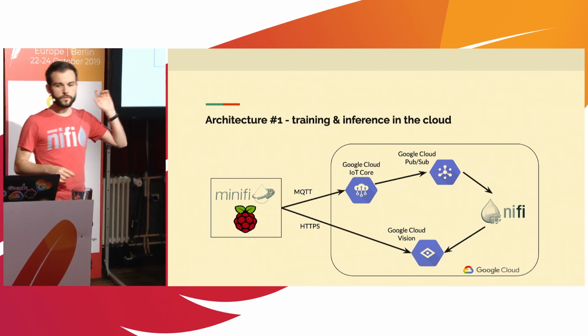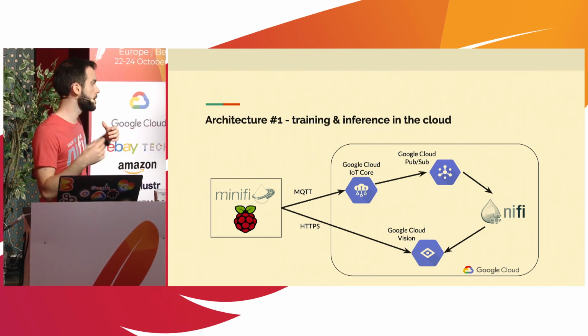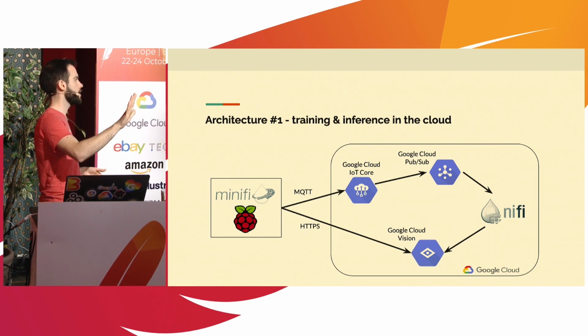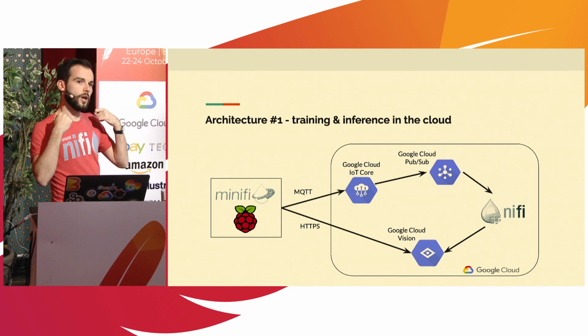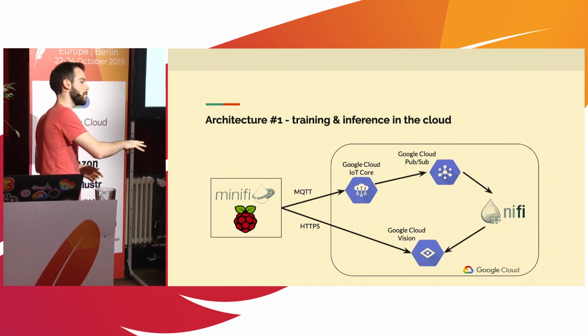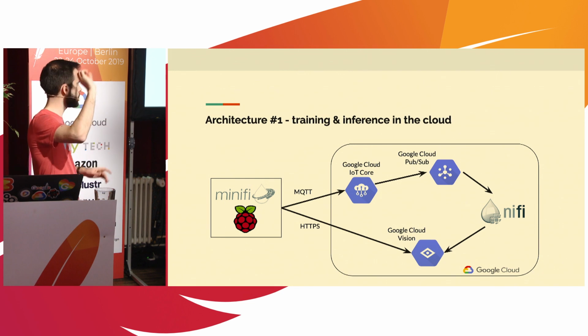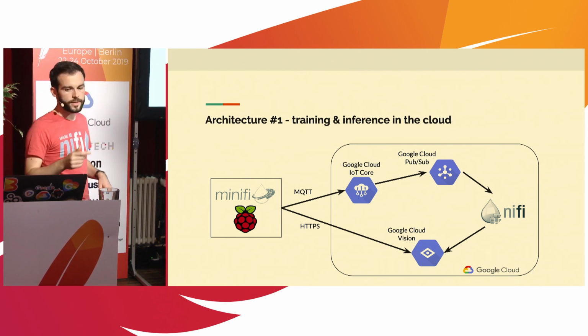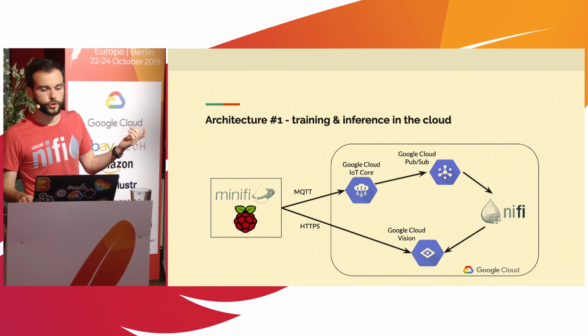I'm using the first option, where Google Cloud Vision exposes the API that I can request to classify my images. In this case, I am not deploying the model on the edge. It's available in the cloud, and MiNiFi is doing an HTTPS call each time we want to classify an image.